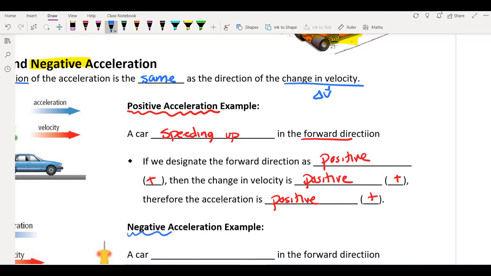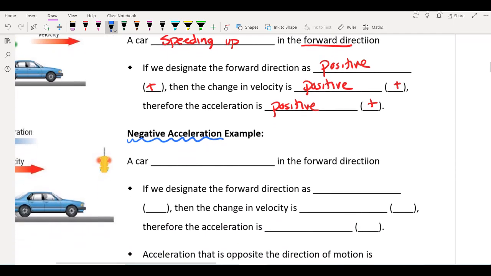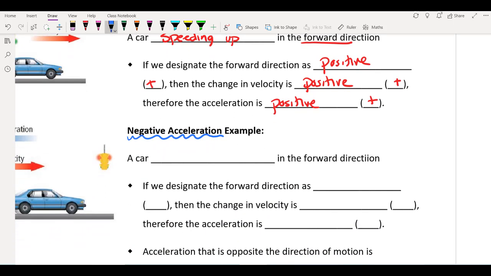An example of negative acceleration would be a car slowing down in the forward direction. Let's break this up. The forward direction is still positive with a plus sign. Slowing down is referring to a negative change.